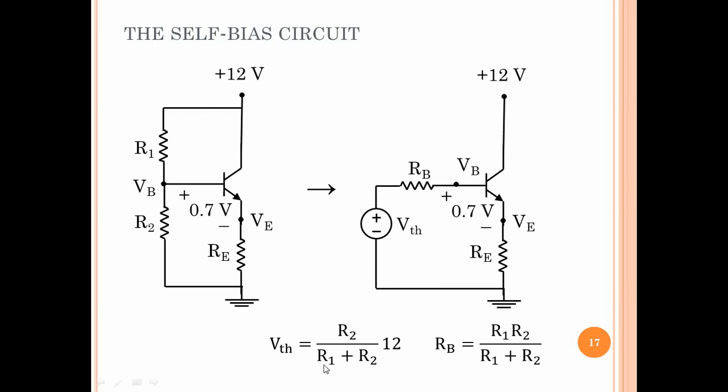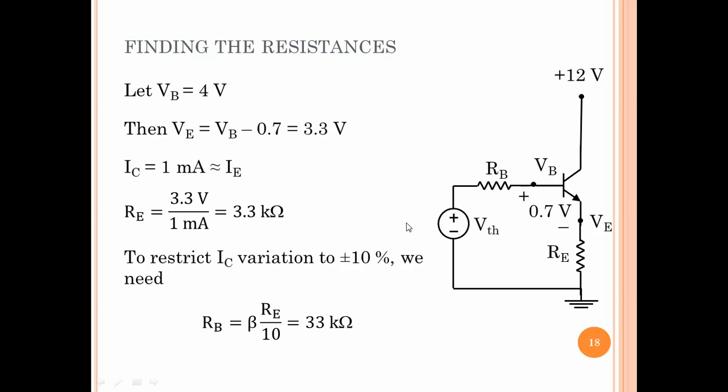It is R2 by R1 plus R2 times 12. That becomes the Thevenin's voltage. And the resistance is simply R1 parallel R2, so we get R1 R2 by R1 plus R2. Now this circuit is very similar to the circuit just before, in which we had 12 volts here instead of VTH. So the equations will remain the same, only we'll replace 12 volts with VTH, which is what gives us the additional degree of freedom.